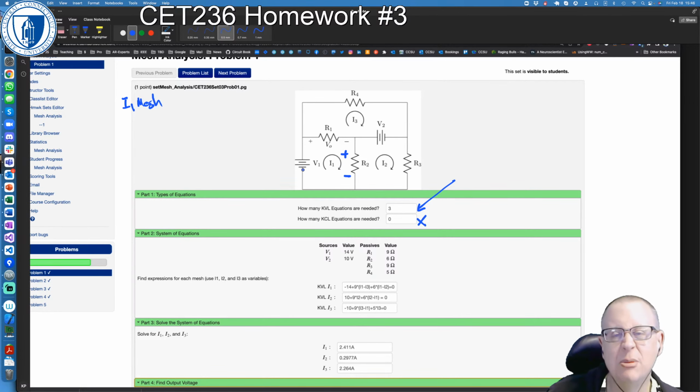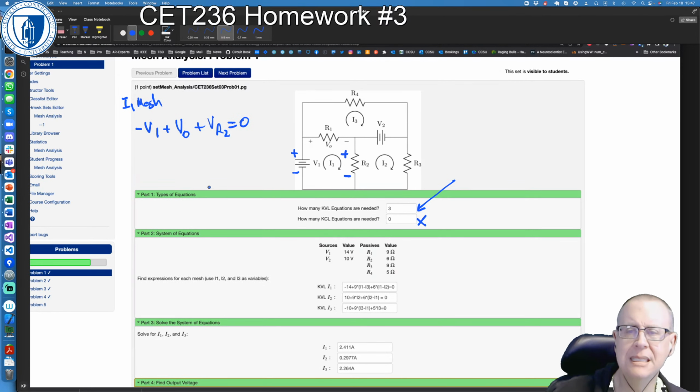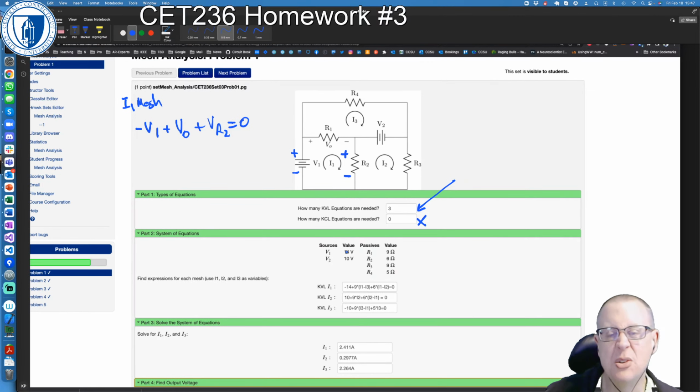So we're going into the minus side of V1, so it's minus V1 plus V out, I'll call it, plus VR2 equals 0. Okay, and then we can apply Ohm's law, and we can use the numbers we have.